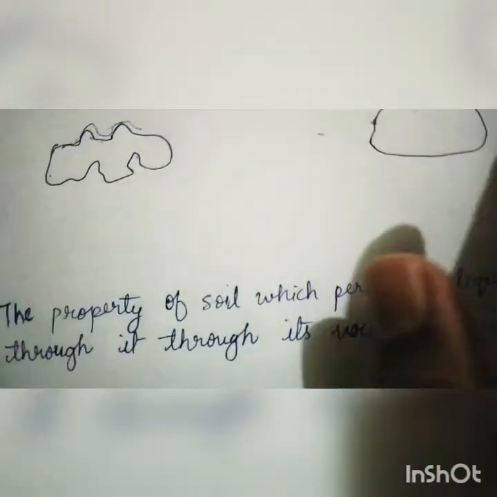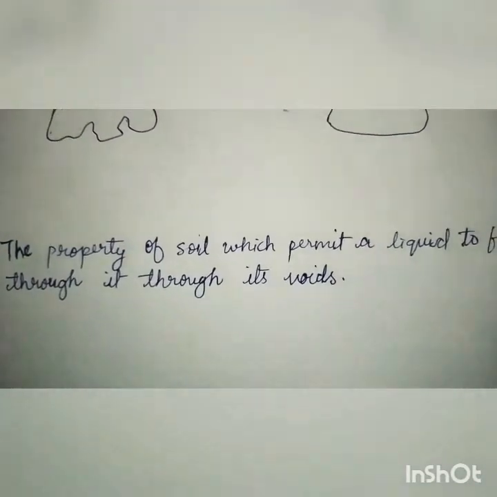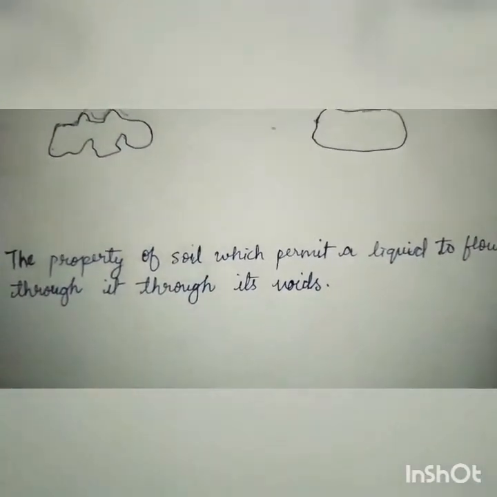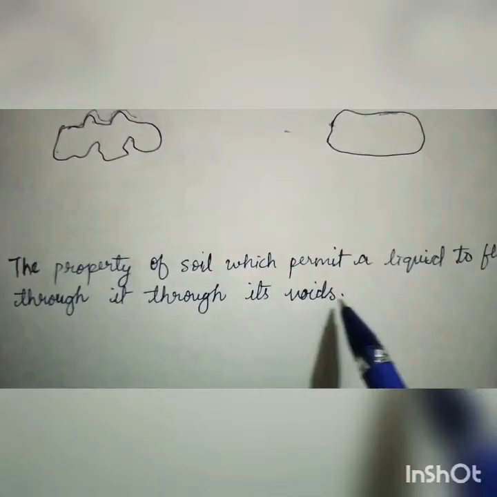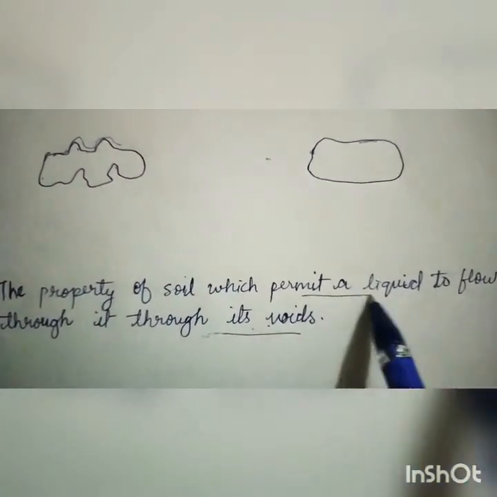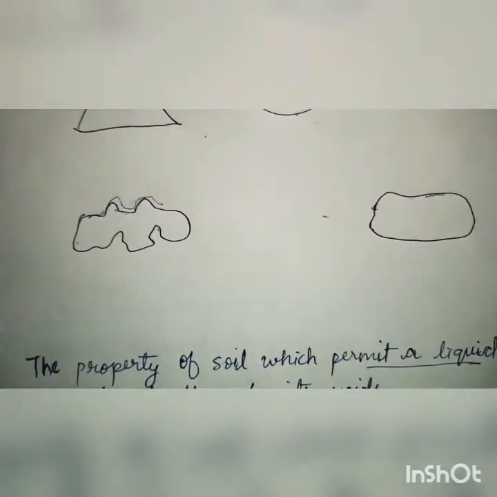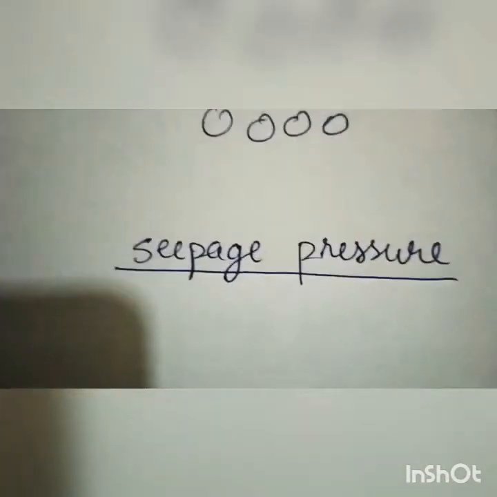So now what is permeability? The property of soil which permits a liquid to flow through its voids. Now it is important: through its voids and permits a liquid. This is the permeability.